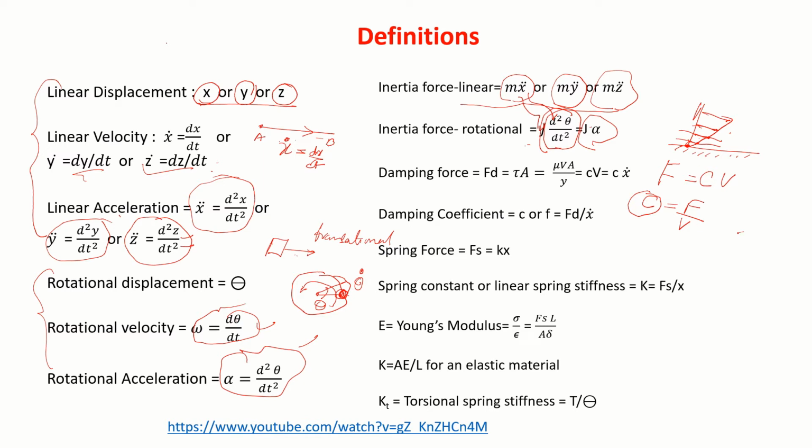I have not drawn it properly, but it is like this. This we call the velocity gradient.